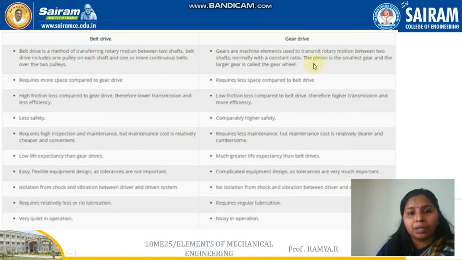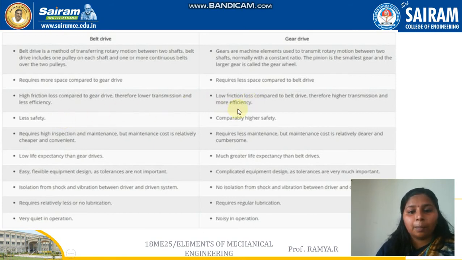Whereas in a gear drive it is transferred at a constant ratio, and it is transmitted between two gear wheels. A belt drive requires more space, while a gear drive requires less space, as the size of the gear is small compared to that of a belt. In a belt drive, high friction loss occurs and efficiency is less. In a gear drive, friction loss is low, and because of that we get high efficiency.